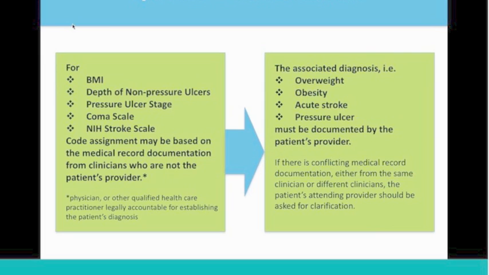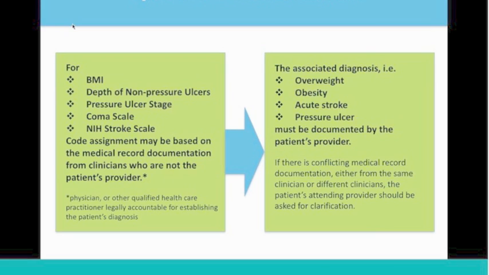So that could be your nurse practitioners, your physician assistants, and sometimes when patients are seen, there are other people documenting that information. For example, when a patient comes in for an office visit, sometimes it's your clinical staff that gets the height, the weight, the BMI, and an emergency medical technician often documents the coma scale.